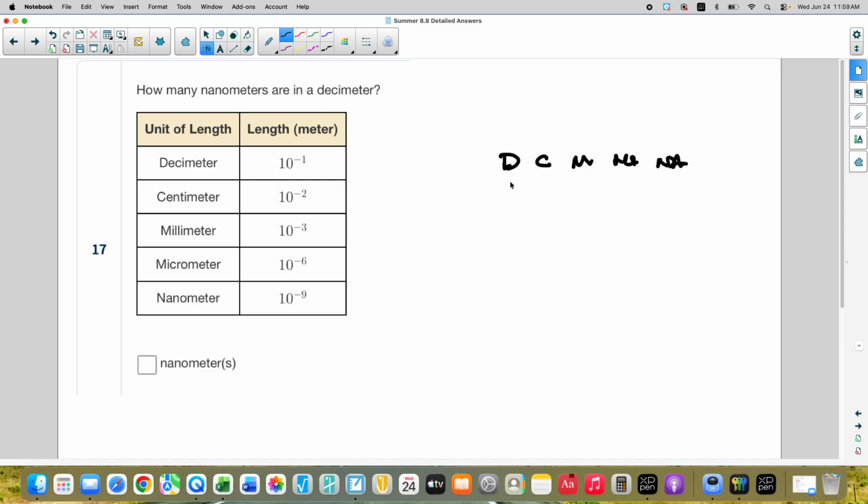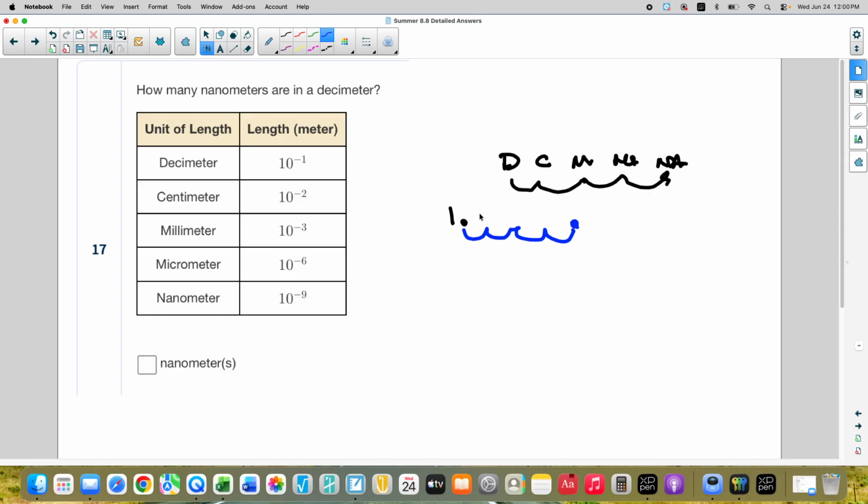So we have 1, 2, 3, 4. So I would say that is not 4,000. I'm going to say, so 1 decimeter, and then I would move that decimal point 4 times. So the decimal point is here, and we moved it 1, 2, 3, 4 times.